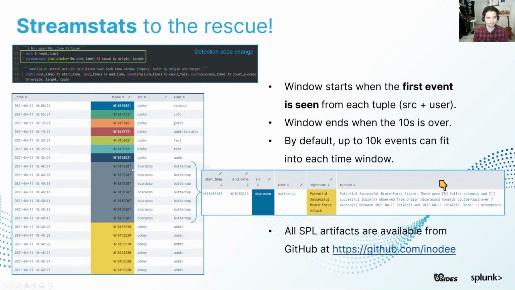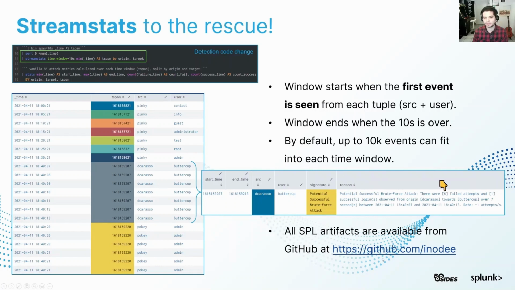The session identifier is the first time the event is seen from a certain origin and target combination. This way, we are able to see all the events from the Carasso source towards the user Buttercup. They fall into the same single time window, which meets the threshold, so it outputs from that detection, right?